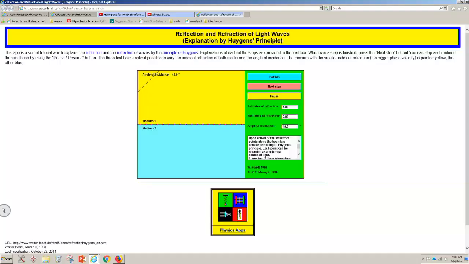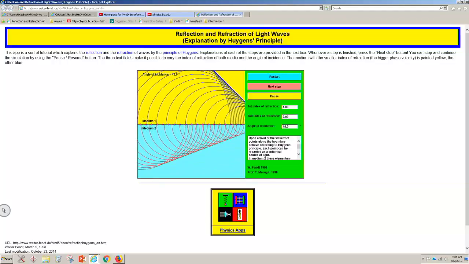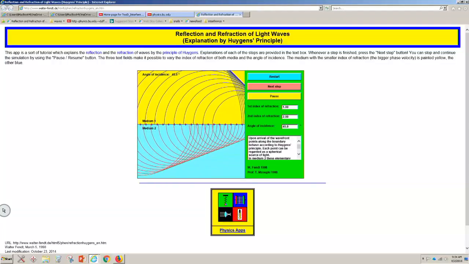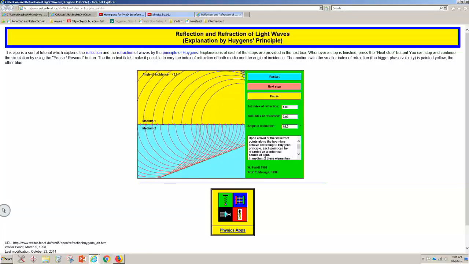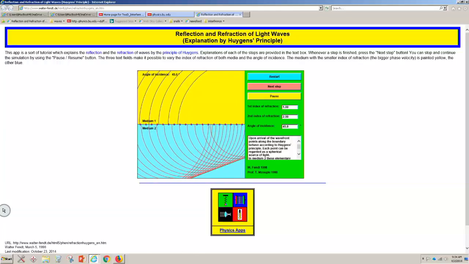A wave front is approaching the boundary, and each point of this boundary starts acting like an individual source. And now all waves start traveling from each point in both media, but with different speed, faster or slower. And more importantly, they interfere, and as the result of that interference, a new front is formed, and we can see the angle of reflection is equal to the angle of incidence, but the angle of refraction is related.